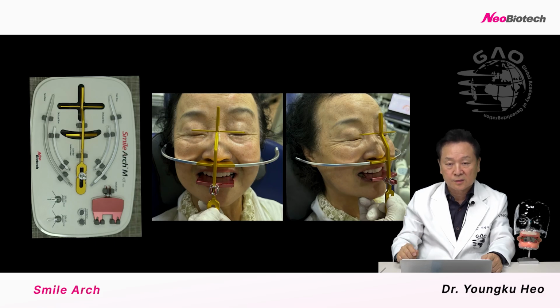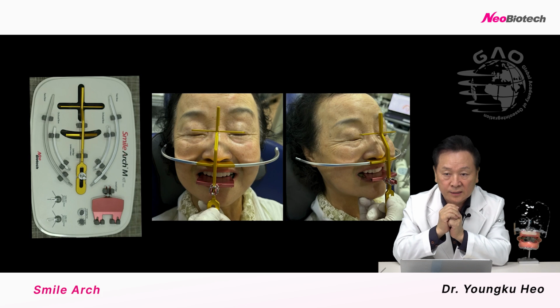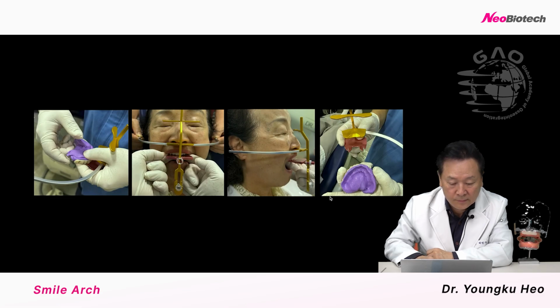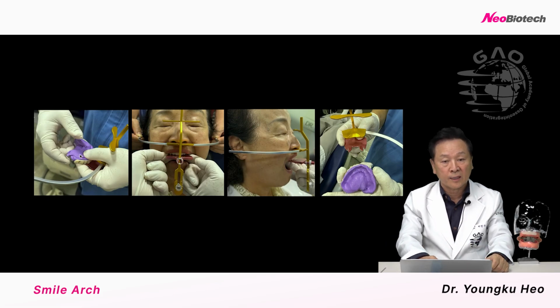We just approach the patient's face, and you see there's an upper tray to make an impression with the putty or regular body or heavy body in that position first.